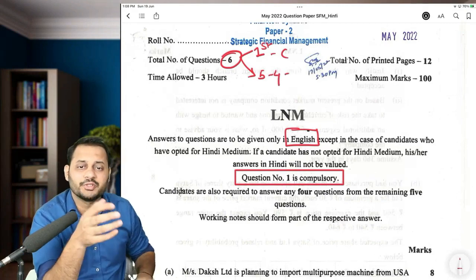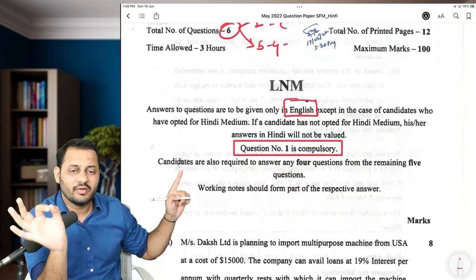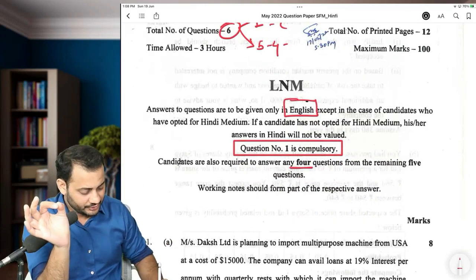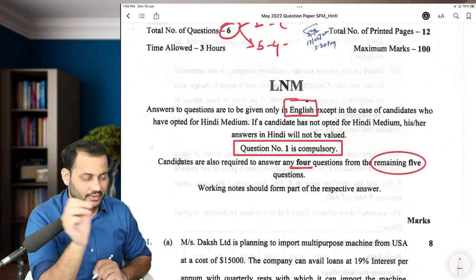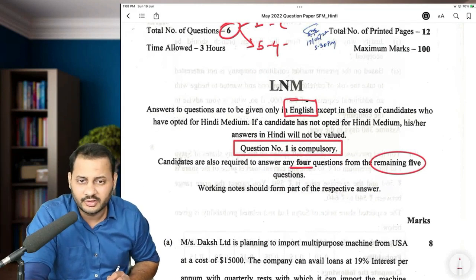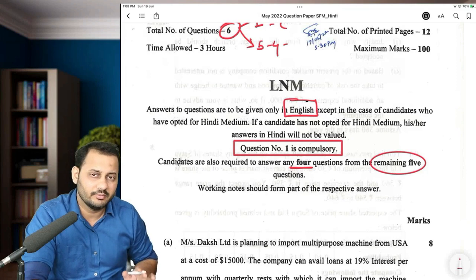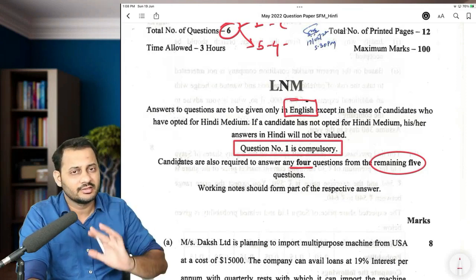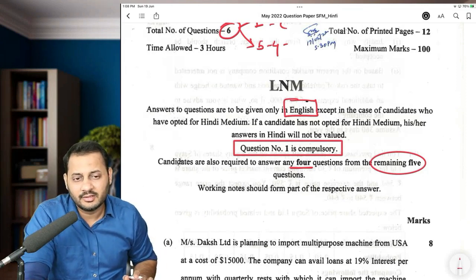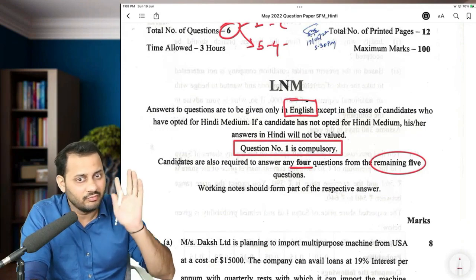You have an option. Candidates are also required to answer any 4 questions from the remaining 5. There are 6 questions: first, second, third, fourth, fifth, sixth. The first is very, very important and compulsory, and in the rest of the questions, you can skip only 1.